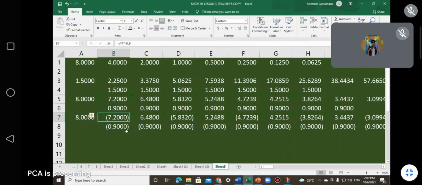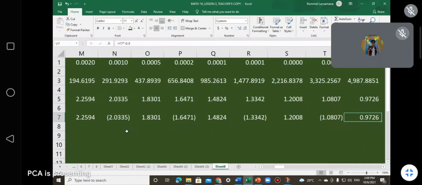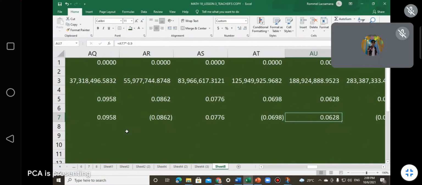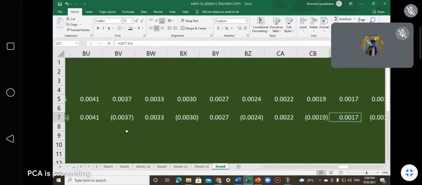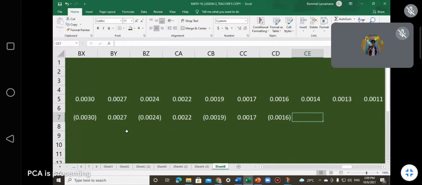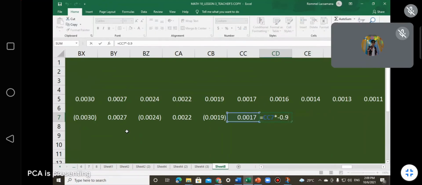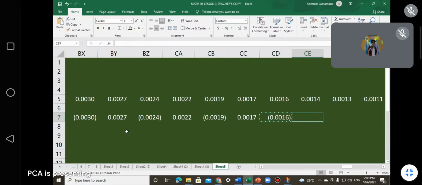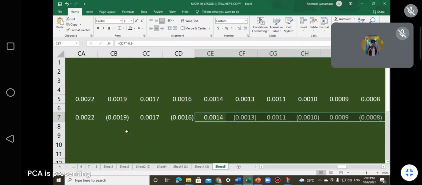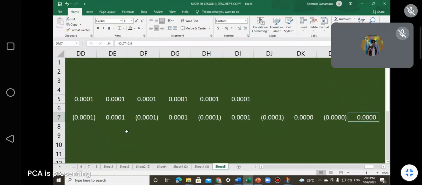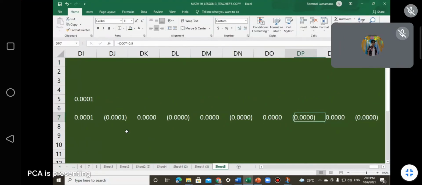Where is it going? It's going to 0. Remember, the present term is just multiplied by that ratio. The ratio is negative 0.9. It really goes to 0.